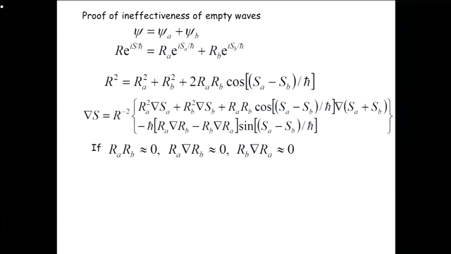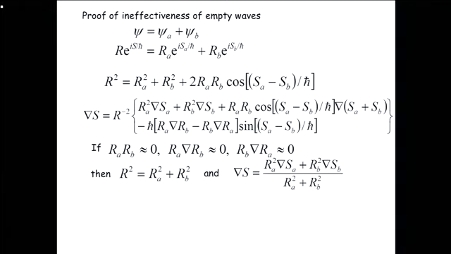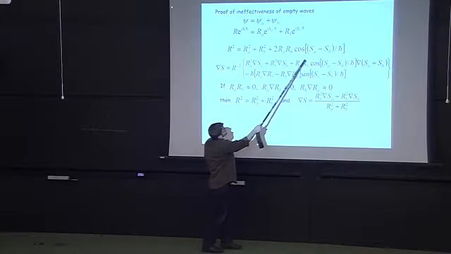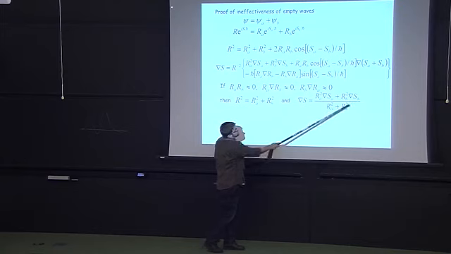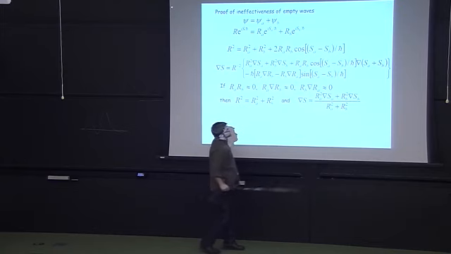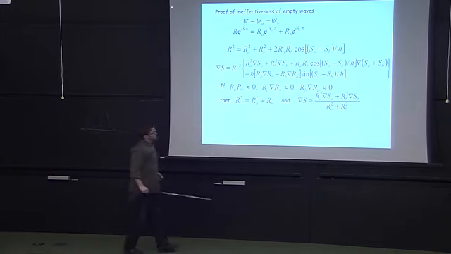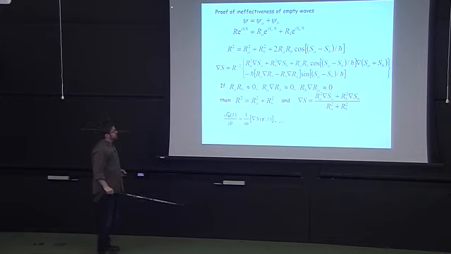That's typical of wave packets that are separated. In that case, the formula for R squared reduces to just R_A squared plus R_B squared, because the cross term goes to 0. And in the formula for the gradient of S, these terms go to 0 because of R_A R_B, and each of these is approximately 0. So grad S is approximately given by this formula. That will tell me how the particle is going to move.